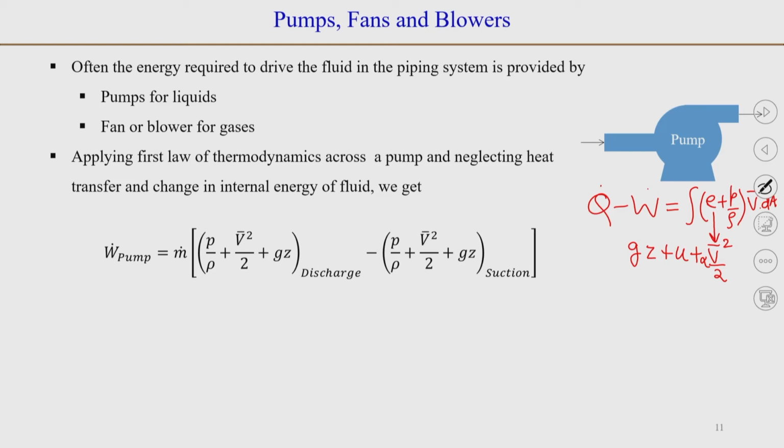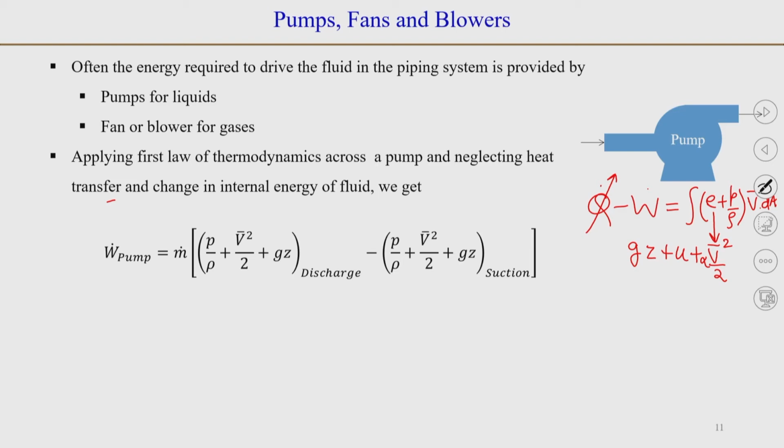So, if we say that the heat transfer could be neglected, then this is neglected, and W dot is the work done by the fluid. So, when you have a pump, it does work on the fluid. So, this work will become positive, that is pump work.